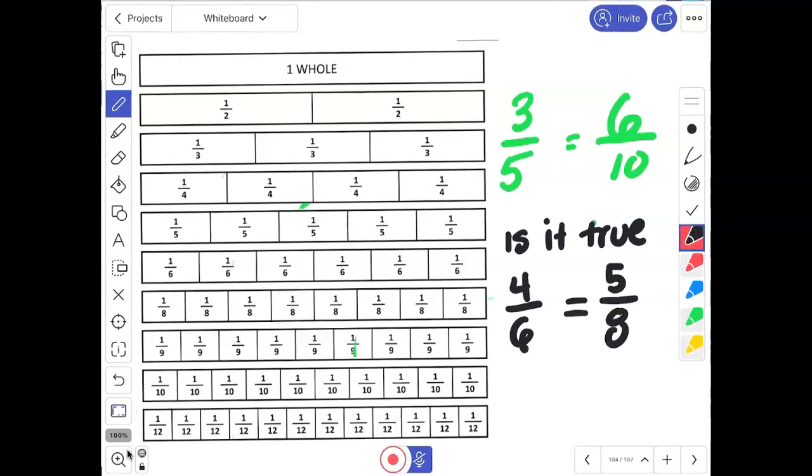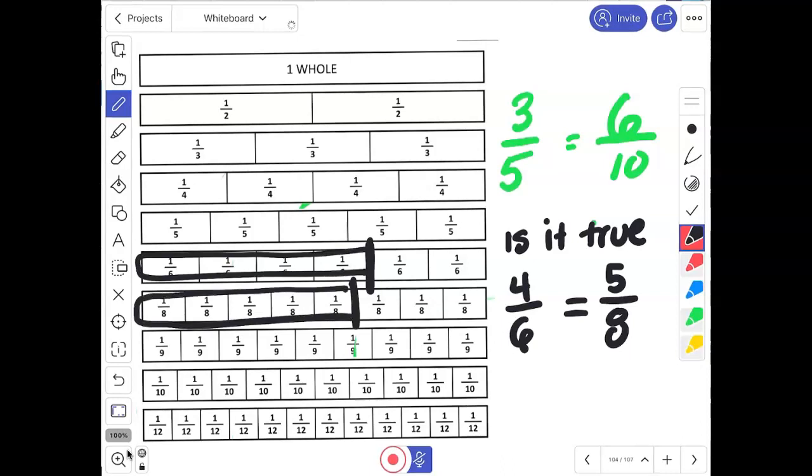Is that true? Well, let's test it. Here's 4/6, and 1, 2, 3, 4, 5. Here's 5/8. Are they equivalent? Do they line up? If I cut this rectangle out and cut this rectangle out and lay them on top of each other, would they all match up? Would they be the exact same size? No. So then that's not true.